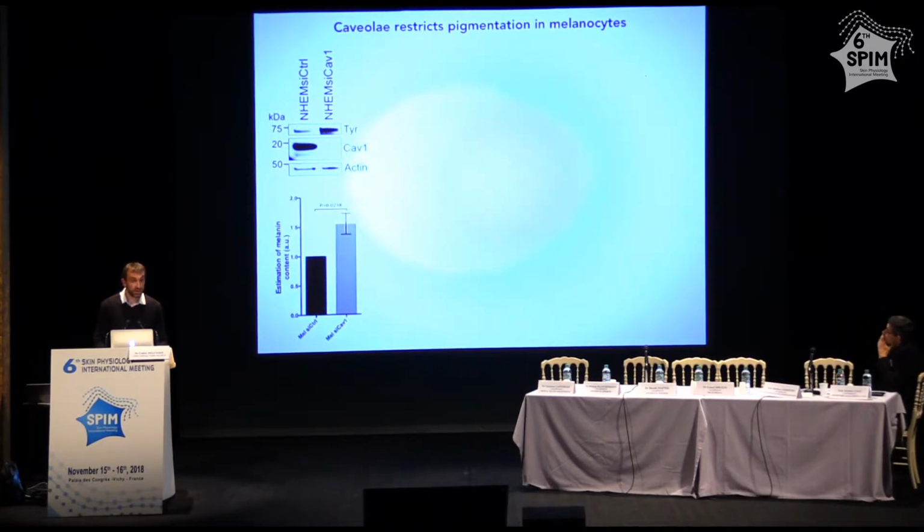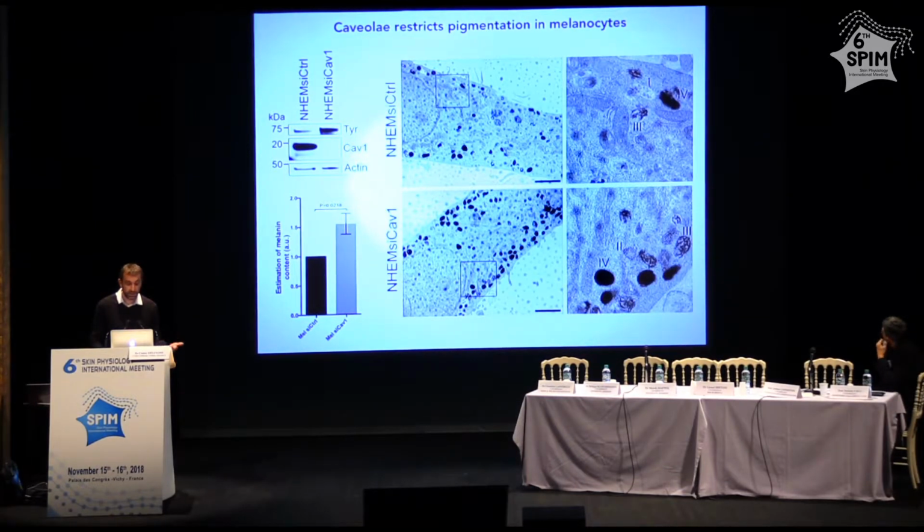This is associated with an increase in the production of pigment by the melanocyte, and also with more numerous pigmented melanosomes that we can observe in cells. So together, this shows that caveolae are here to somehow restrict or slightly downregulate pigmentation in melanocytes.